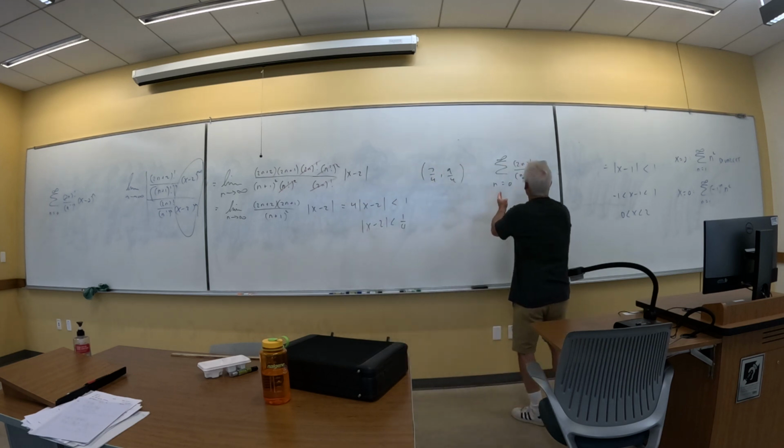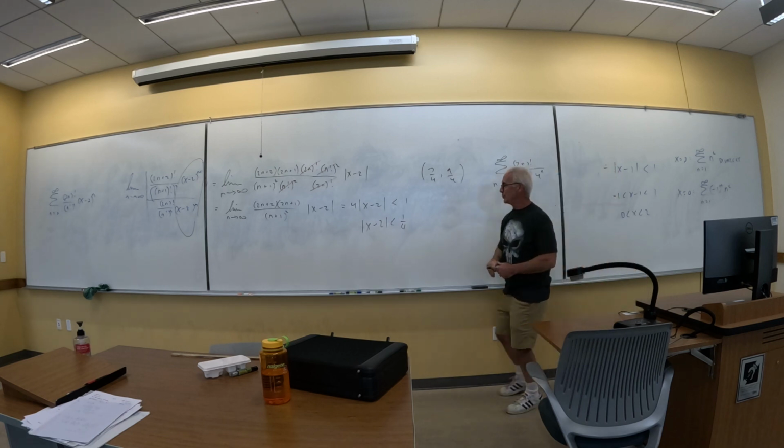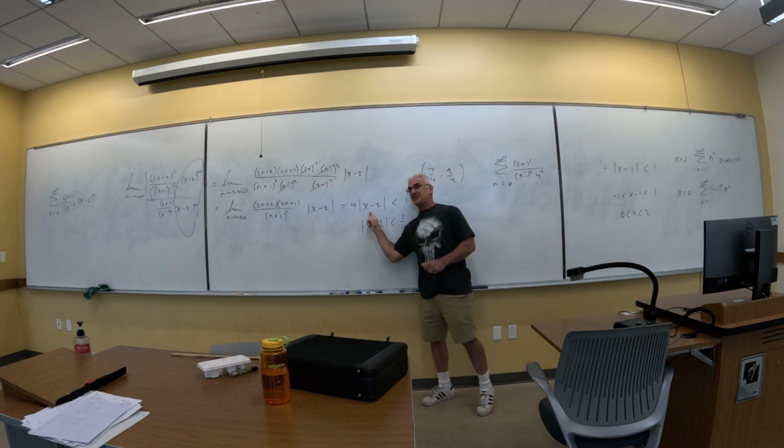If this was on the quiz you just turned in, ratio and root test, this problem from the beginning, you would do the entire ratio and root test, and you know what you would get at the very end of the problem? You would get exactly this statement here with x replaced with 9/4.